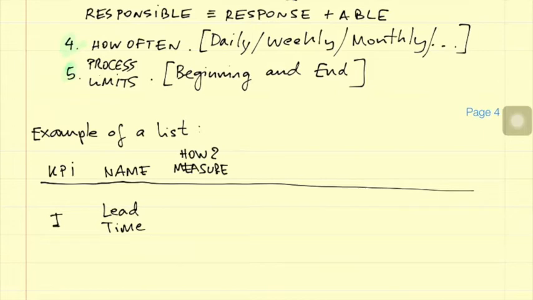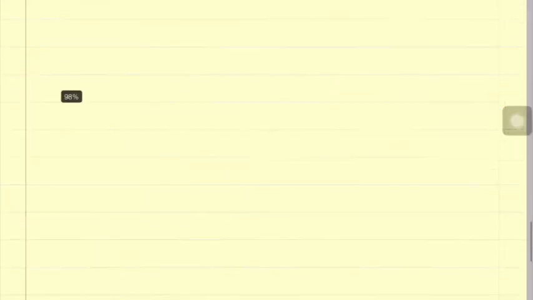Well, lead time is measured by the work in progress divided by the output. Let me put a little star here because this is very important. I'm going to go down the page. This is called Little's Law.